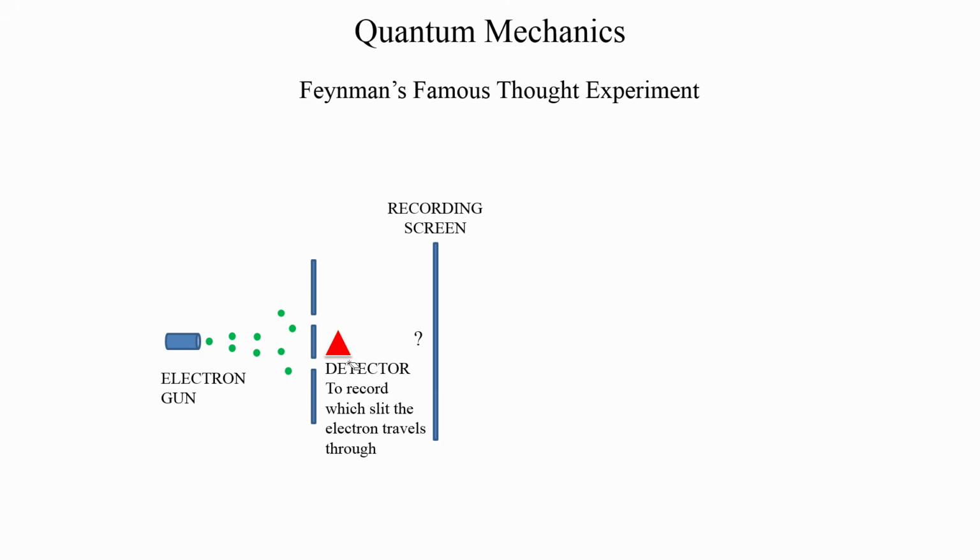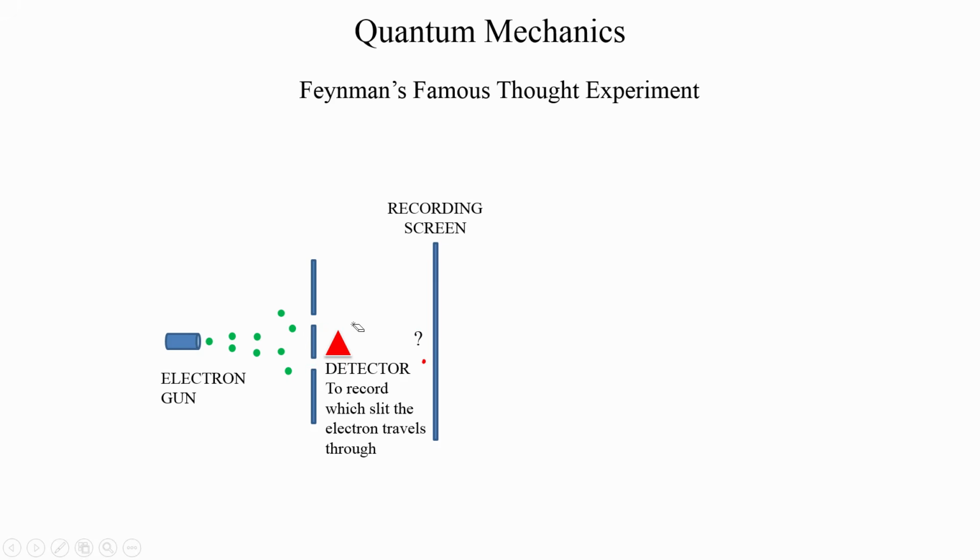Or in other words, we are going to place this detector that is going to exchange information with the electron. It is going to ping the electron with a photon, let us say, and obtain information with regards to the position of the electron. And the point of placing the detector is to identify the slit through which the electron is going to enter, and then see what kind of recording we obtain on the screen.